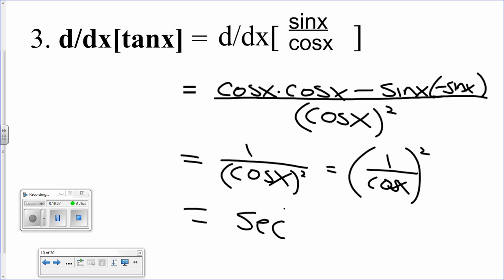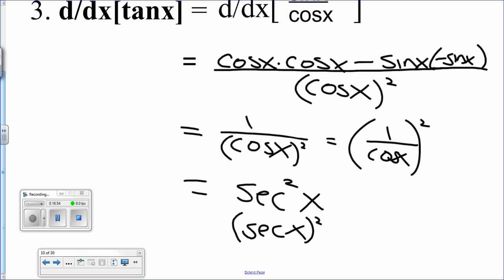And I'm just going to write it like this, putting the squared after the secant. But realize that means you're squaring the secant of x. When you have a trig function with an exponent there, you're squaring the trig function of the angle. So now we know the derivative of tan x is secant squared x. That's something you'd have to be able to show. All right? Let's do the next one.